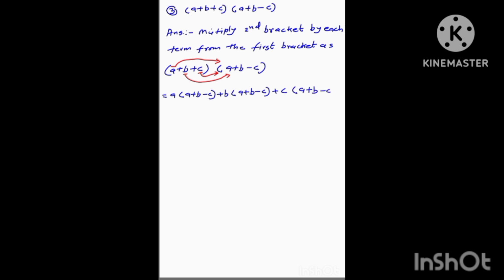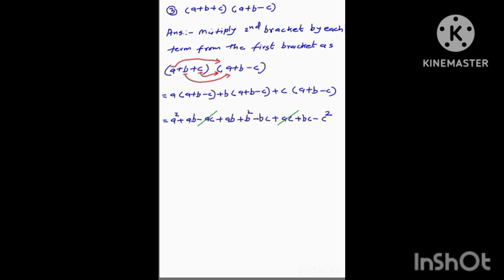Now the problem is very simple. Expand it or multiply it. a² plus ab minus ac. Always go alphabetically, so that it is very easy to understand. Like ab is same as ba, so in exam you don't get confused. Okay, see it is there: a² plus ab minus ac plus ab plus b² minus bc, like that.